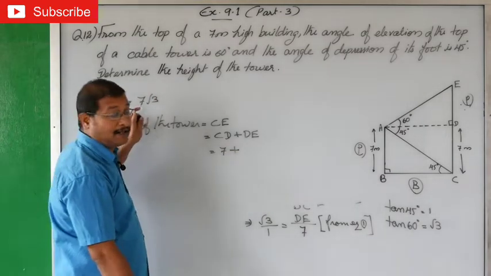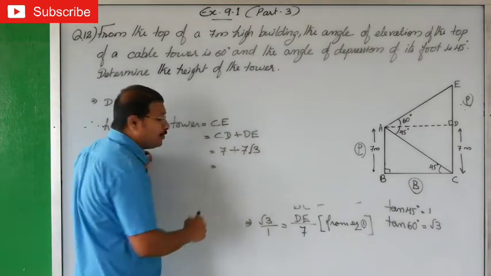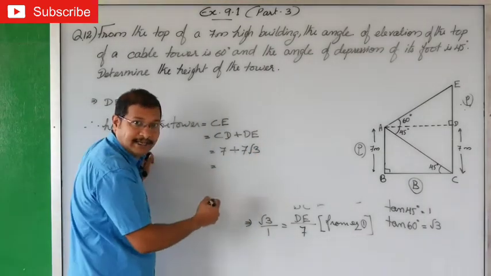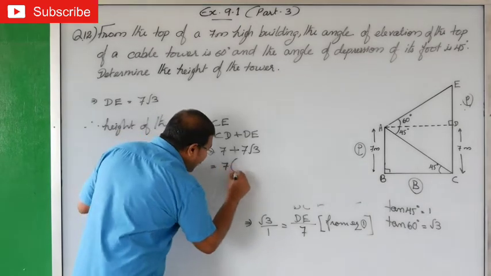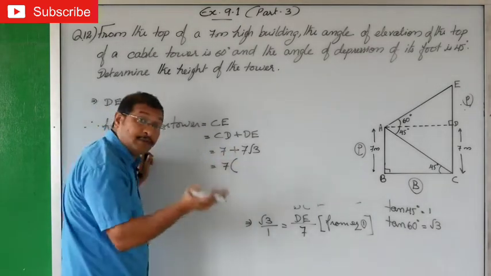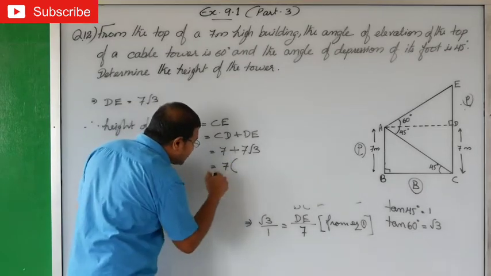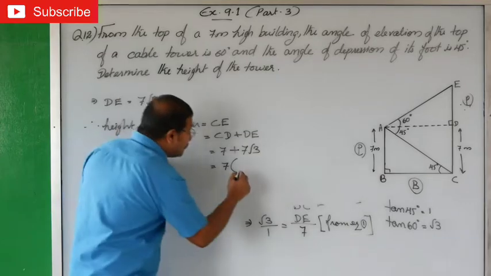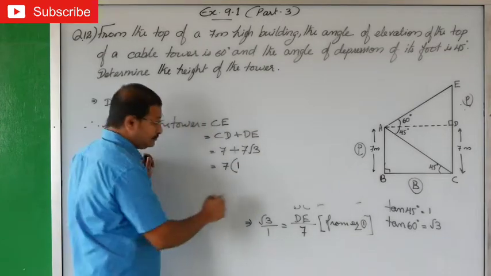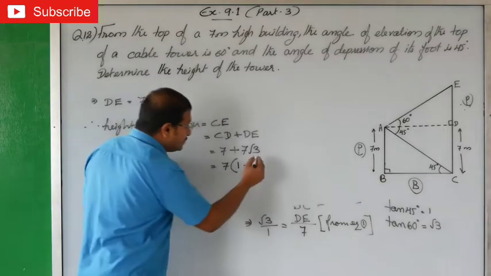What is the value of DE? 7 root 3. Equals, what you can do now? We'll take 7 common, isn't it? That means 7 bracket. When you take 7 common, from 7 the balance will be 1, plus 7 root 3, we took 7 outside, so the balance is root 3.